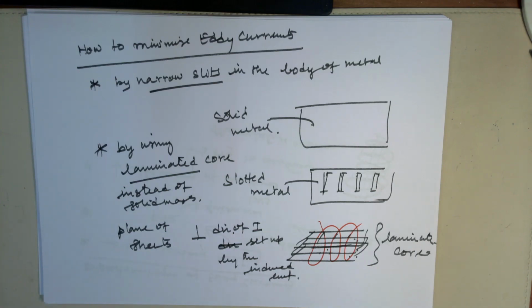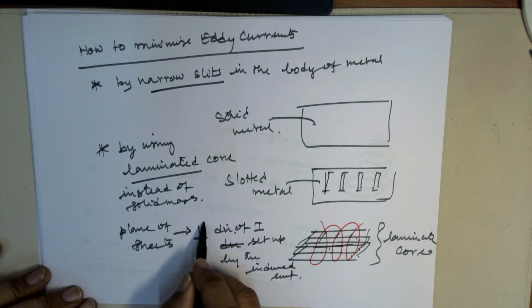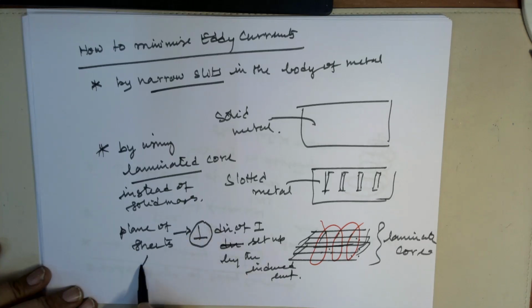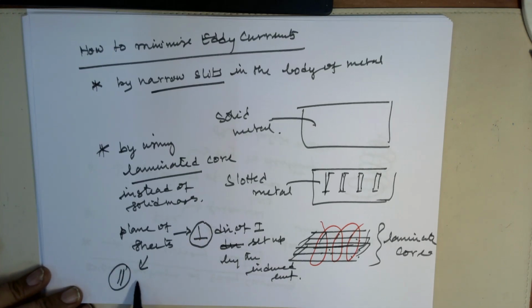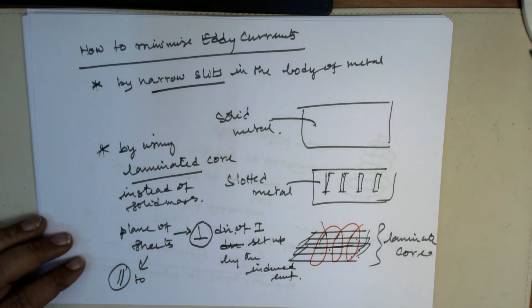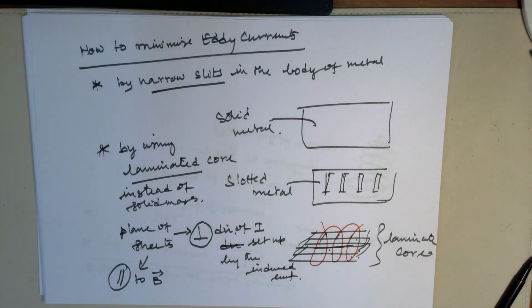Or the plane of sheet can be parallel to the magnetic field. One is perpendicular to the direction of the current set up by the EMF. Second is parallel to the magnetic field direction. So either way we can keep it.